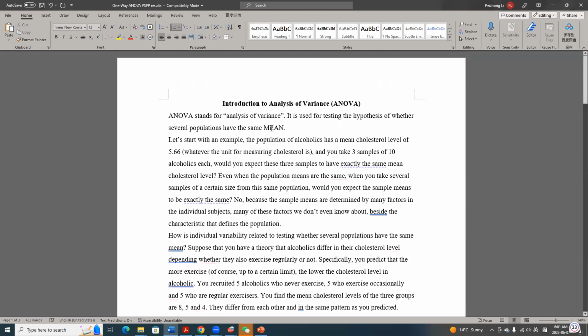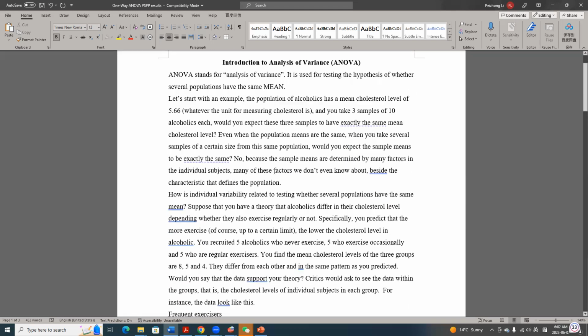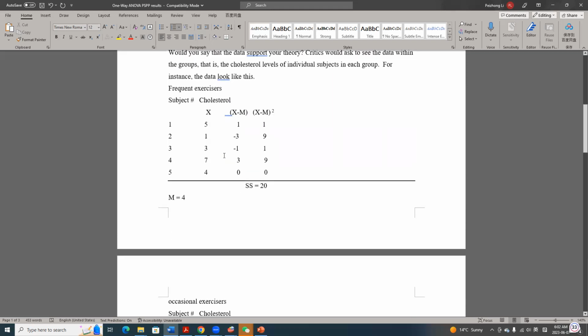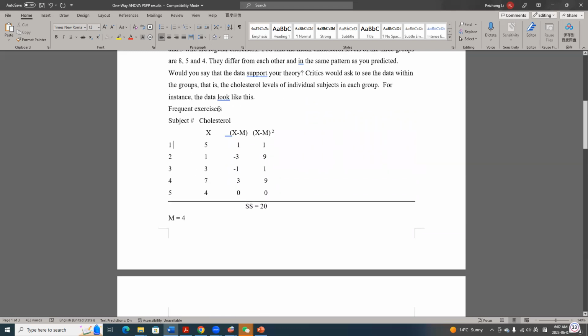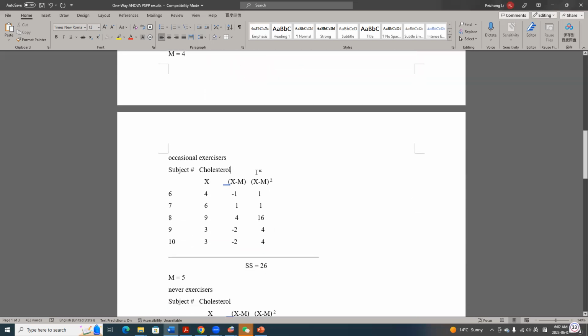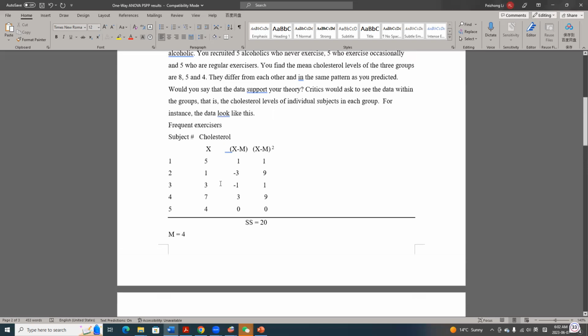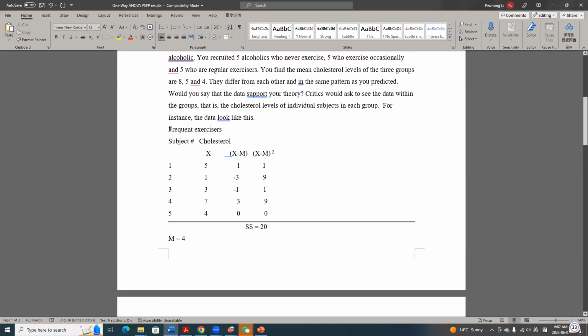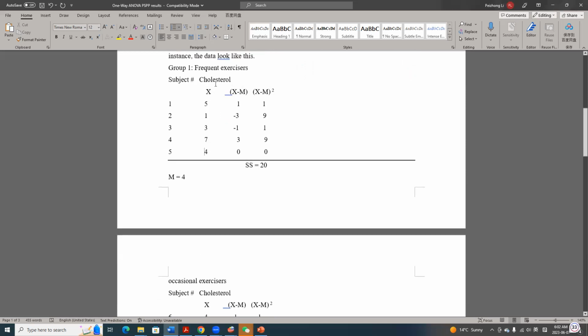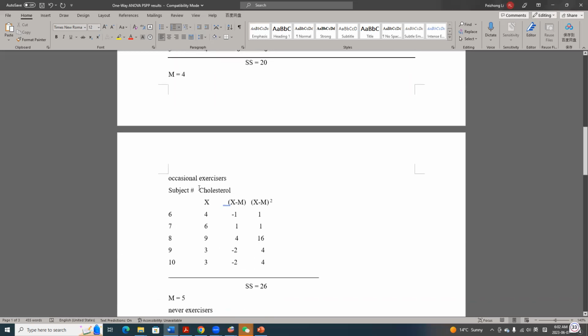I'm going to use this example from the handout, the exercise and cholesterol levels. We have three groups of subjects. Group one, frequent exercisers. How many people do I have in this group? 5 people. Each of them, you measure their cholesterol level.